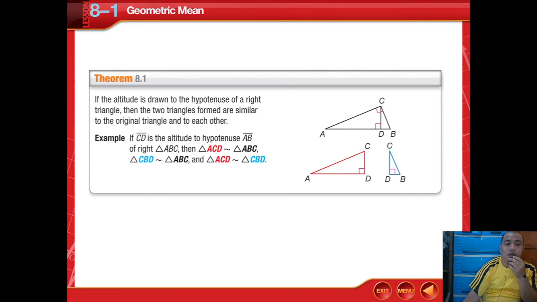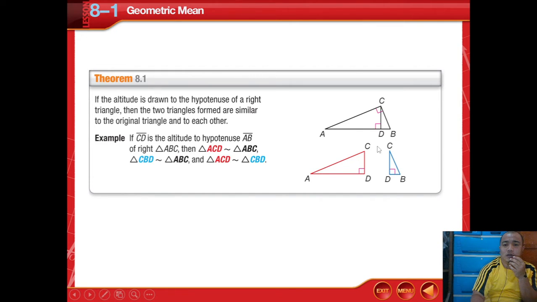Theorem. If the altitude is drawn to the hypotenuse of a right triangle, then the two triangles formed are similar to the original triangle and to each other. Example. If CD is the altitude to the hypotenuse AB in right triangle ABC, then triangle ACD is similar to triangle ABC.